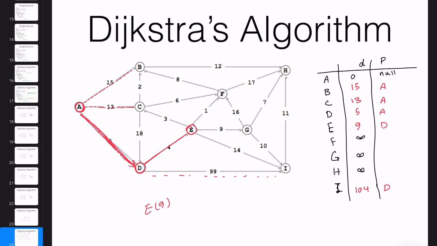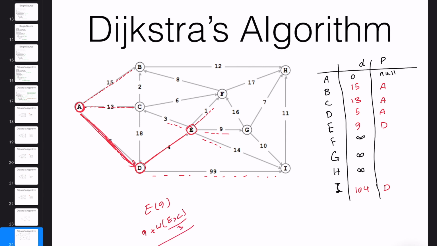Okay. Through E, you can update F, you can update G, you can update I, you can update C. So I'm going to go through them one by one. The first, let's actually see the node C. The cost of E is 9. 9 plus the cost of visiting C through E, which is going to be 3.